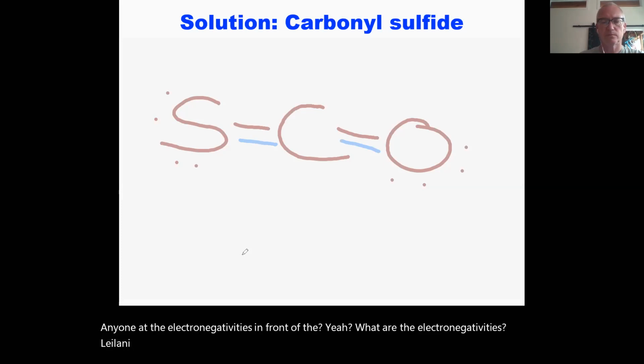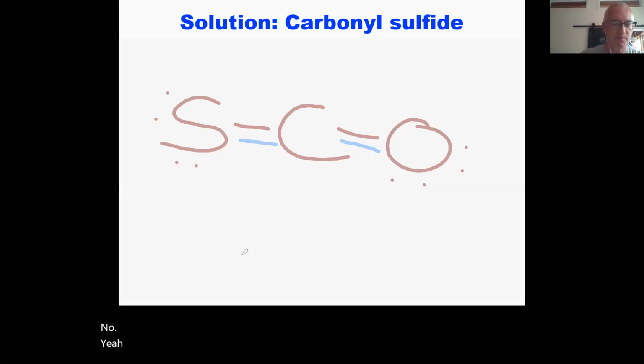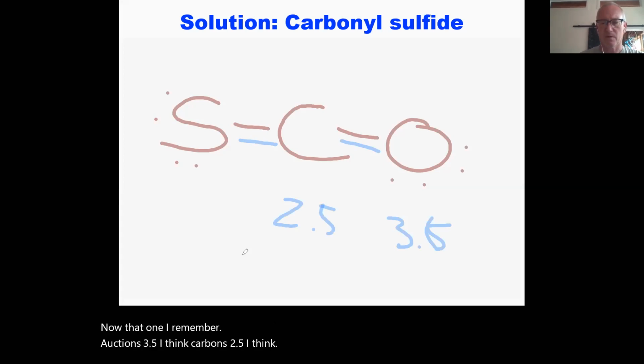I don't have the exact electronegativities on me. I just know oxygen's more. I know oxygen's 3.5. That one I remember. I think carbon's 2.5. Oxygen is 3.44. Carbon is 2.55. And what's sulfur? Sulfur is 2.58. Okay.